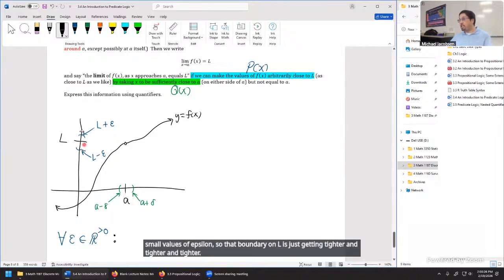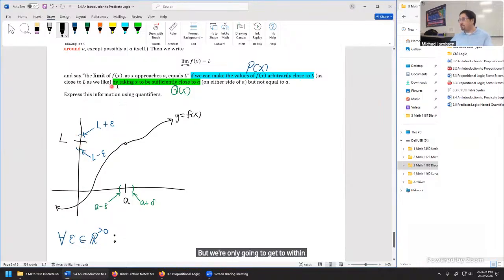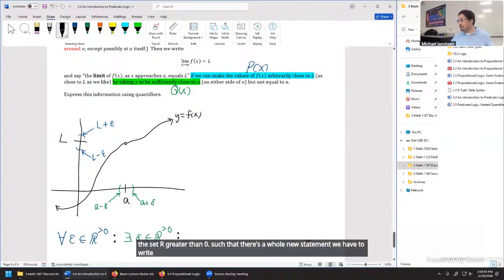But we're only going to get within that bound around L if we're close enough to a down here on the x-axis. That's a whole new quantifier. So for every potential epsilon that you pick, there will exist, now it's a different quantifier, a delta in the set r greater than zero, such that there's a whole new statement we have to write with logical connectives.